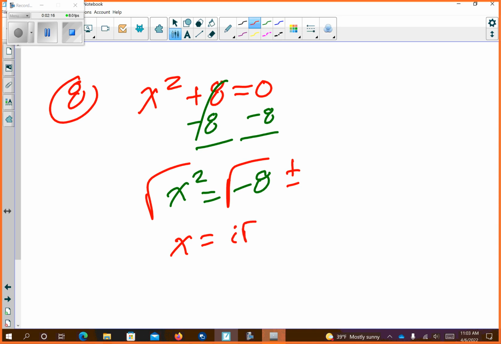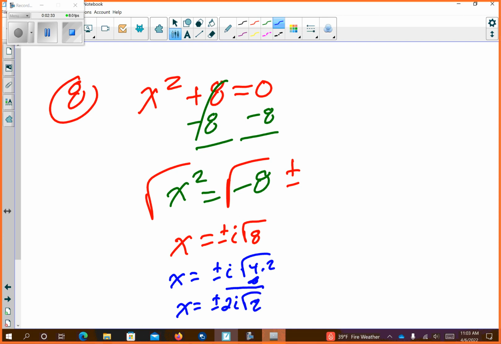Yeah, so you're going to get i root 8. There's a plus minus in front of it. But then you can break 8 down. 8's going to break down to 4 times 2. Square root of 4 is 2. So you can have this for an answer. And you're in the imaginary numbers now.